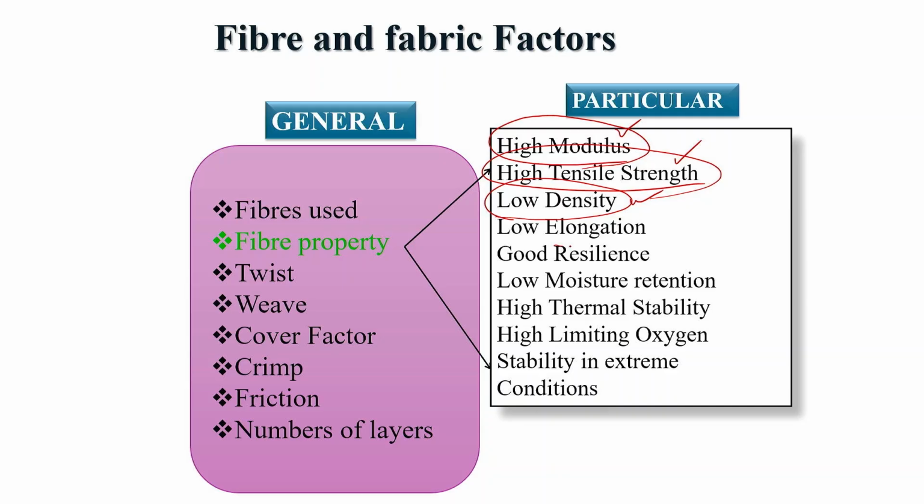It should have low elongation. If a material is stretchable, then it will not be able to distribute or dissipate the energy to a larger area. So, we should use low elongation fibers.